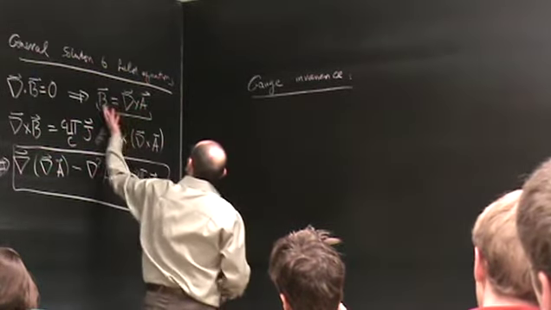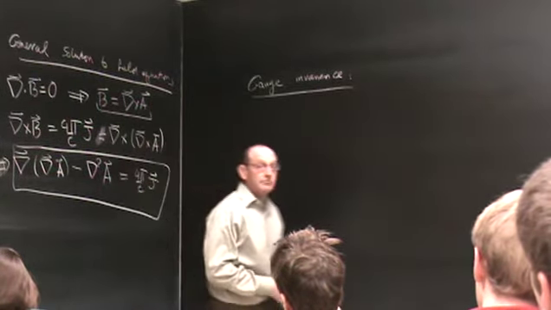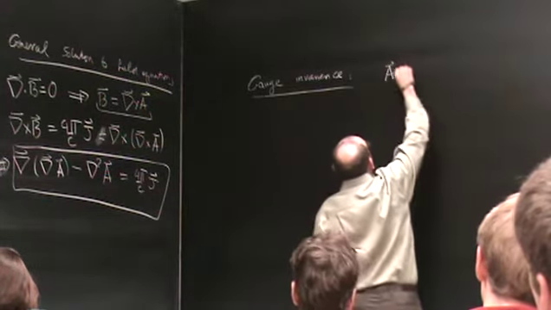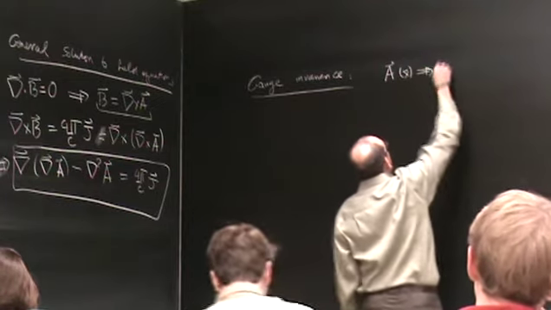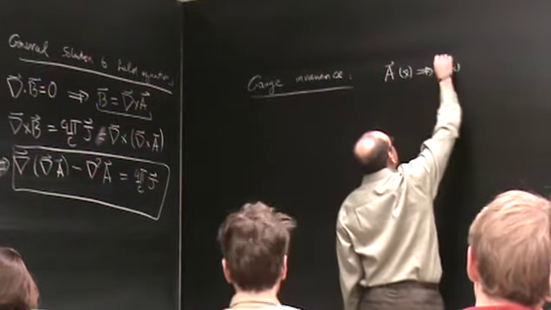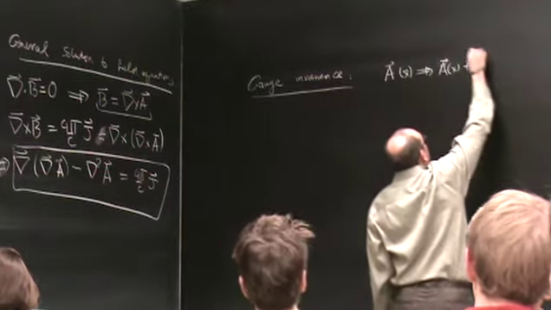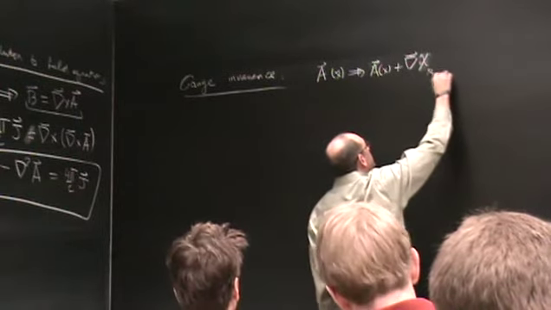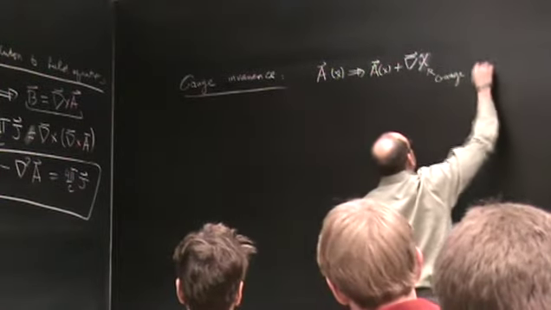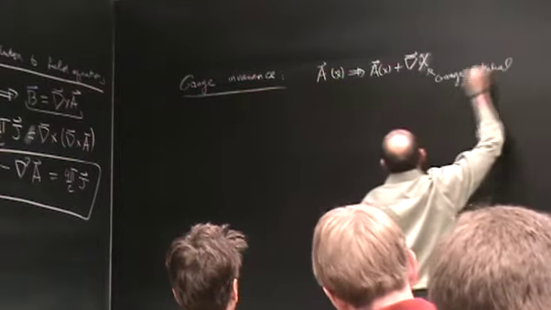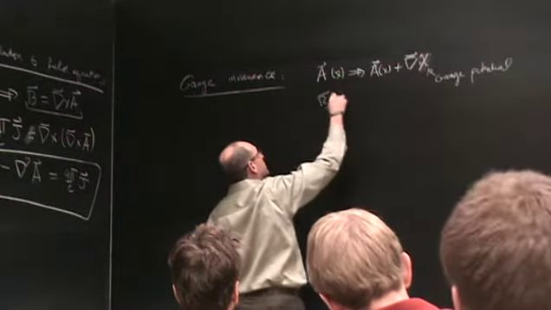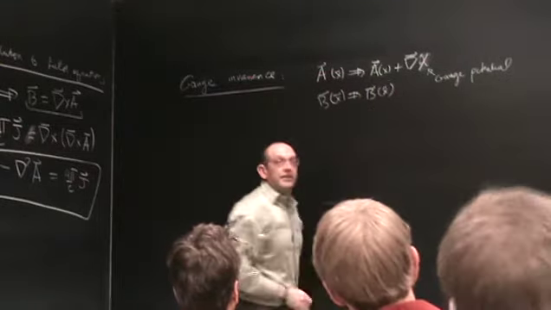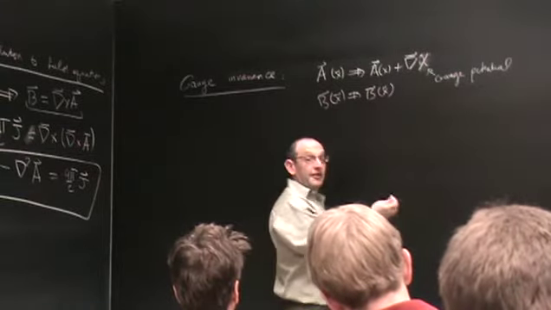However, B only depends on the curl of A. So if I take A and transform it by adding to it the gradient of a scalar, which is called the gauge potential, well then B doesn't change. Why? Because the curl of the gradient is 0.